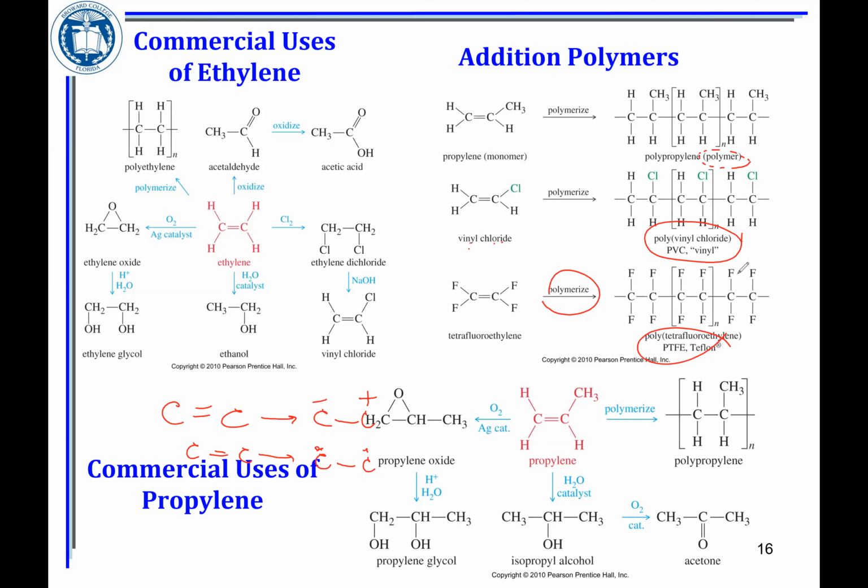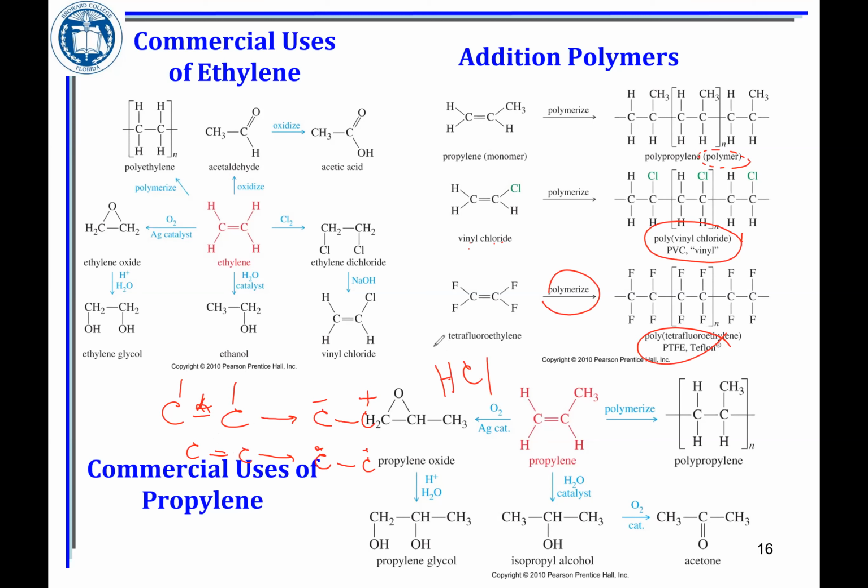So it depends on the product that you want, but it all goes back to the presence of a weak bond, called the pi bond here. You can break it and you can add new bonds. So you can add inorganic molecules to it. You could add water, you could add alcohol, you could add halogens, you could add HCl.